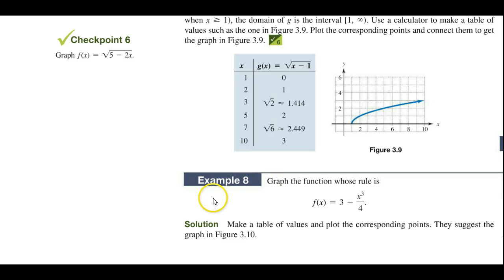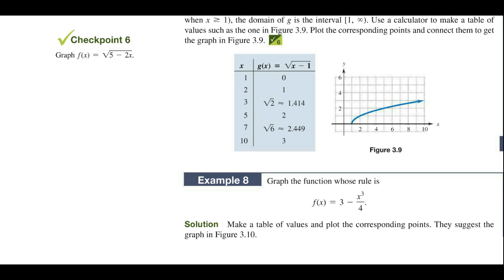Now as we look at example 8, would there be any values that we would have to dismiss here, or is our domain all real numbers? And it's all real numbers.